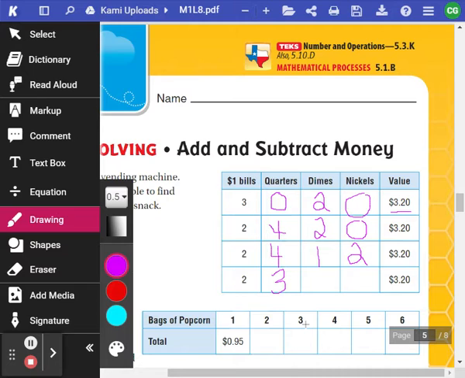I have 3 quarters because that makes it $2.75. I add a nickel to that, that's $2.80. I have 4 dimes, it's 80, 90, $1, so that's $3, and 10, 20, it's $3.20. So you can make those different combinations to equal $3.20.